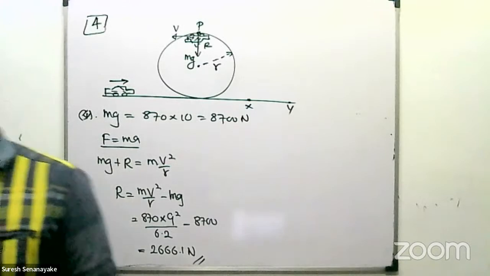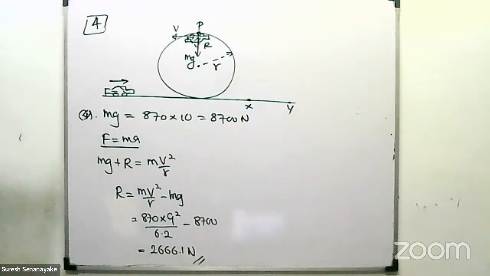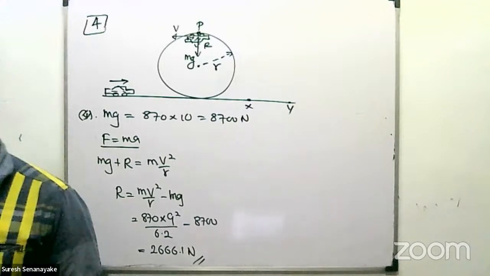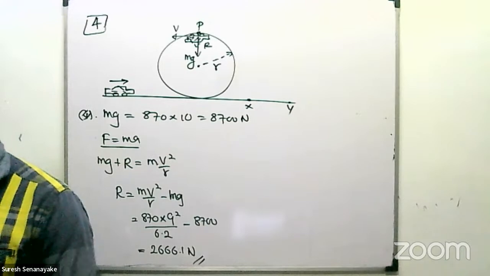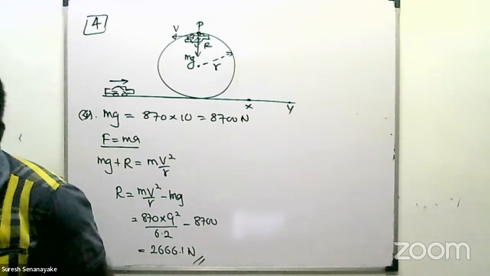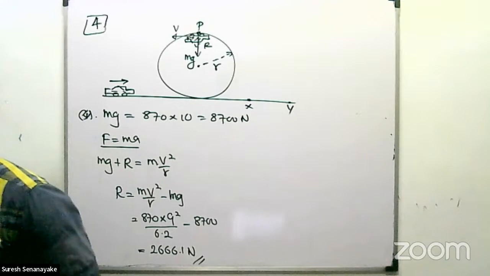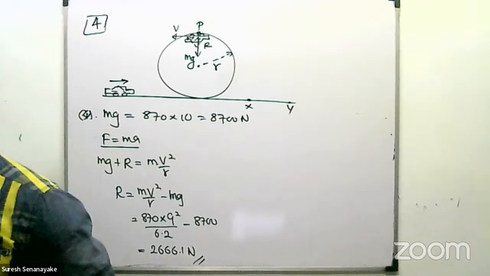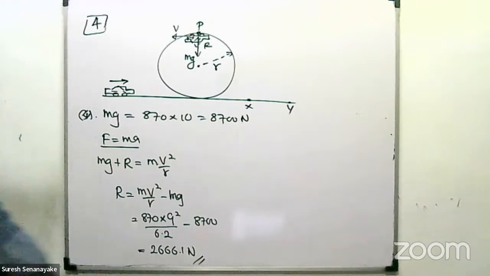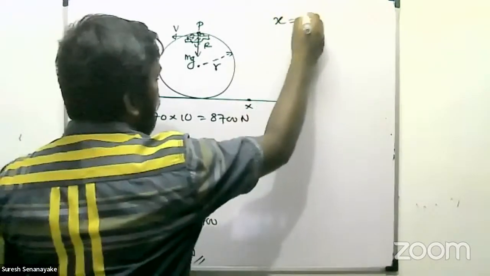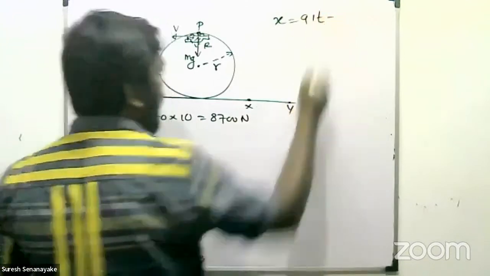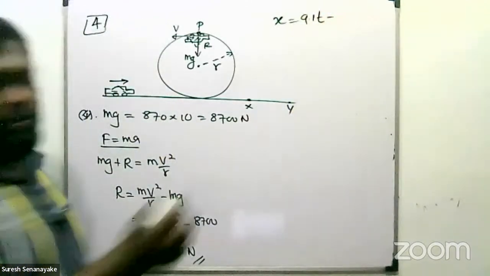Then part C: when the car exits the loop, the driver starts braking at point X for one particular run. The displacement of the car from point X until the car comes to rest at point Y is given by the equation S equals 9.1t minus 3.2t squared.